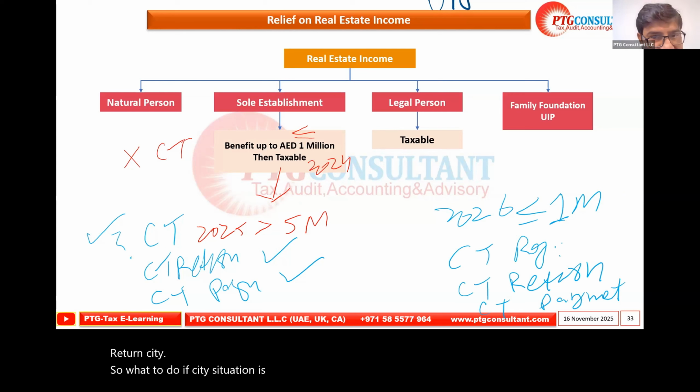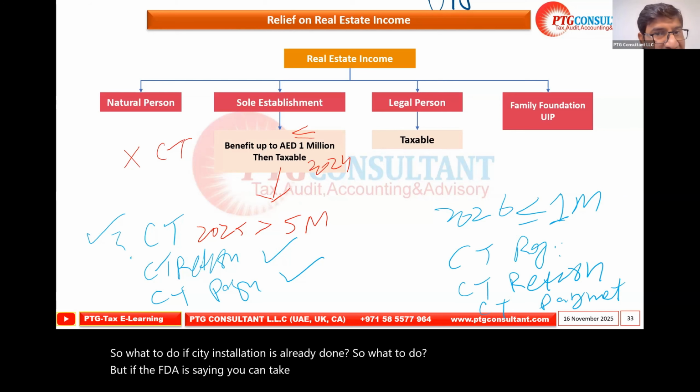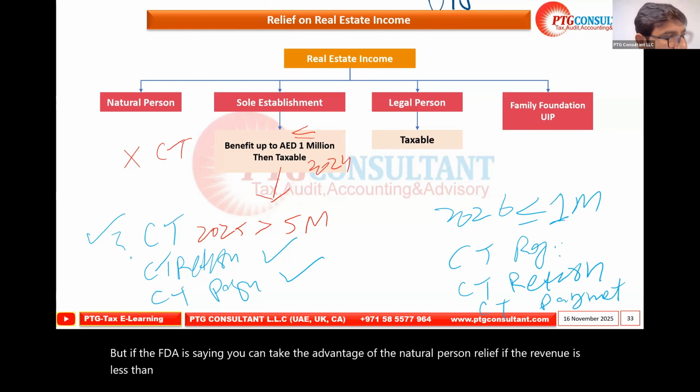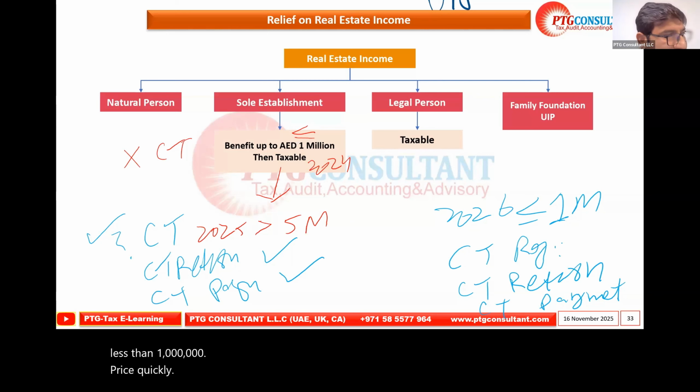The FTA is saying you can take the advantage of the natural person relief if the revenue is less than 1 million. Guys, quickly. Okay, they say city registration is already there. So what do we do? City return is required.